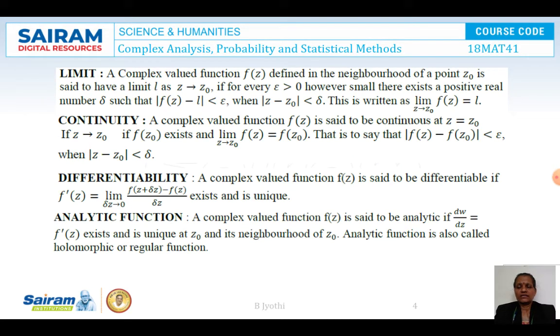Now let us have the introduction about the limit of a complex valued function, continuity, differentiability and the analytic function. A complex valued function f of z is defined in the neighborhood of a point. What is the neighborhood?